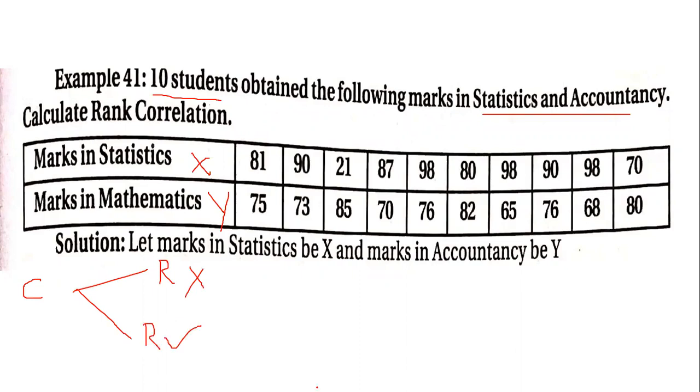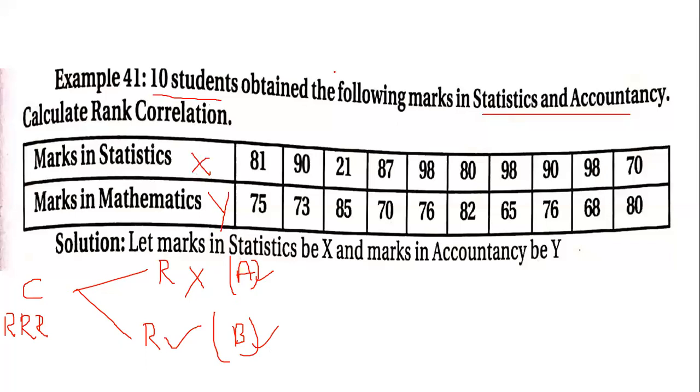I hope you are able to understand. So variety A was ranks not given. Variety B was ranks given. We have solved both types of problems. Now variety C is where ranks are repeated. Under this again you can get both variety A and variety B problems, where ranks are not given and ranks are given.